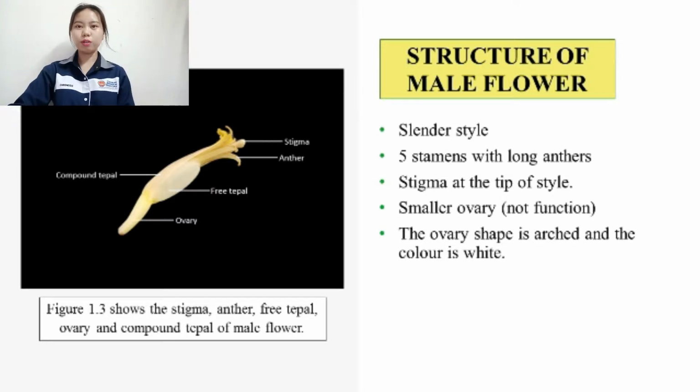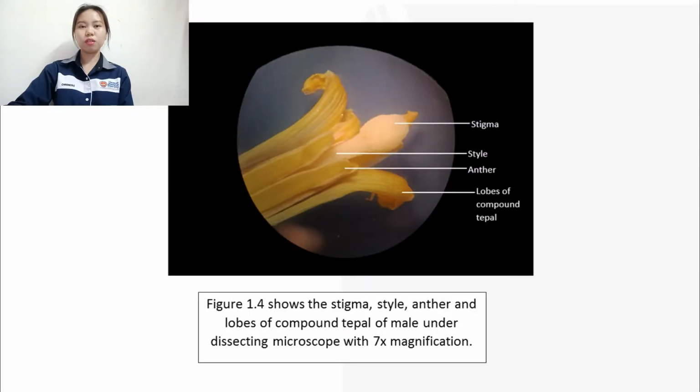The male flower ovary shape is arched and the color is white. Figure 1.7 shows the stigma, the stele, and anther, and this is the loop of compound tepals under dissecting microscope.